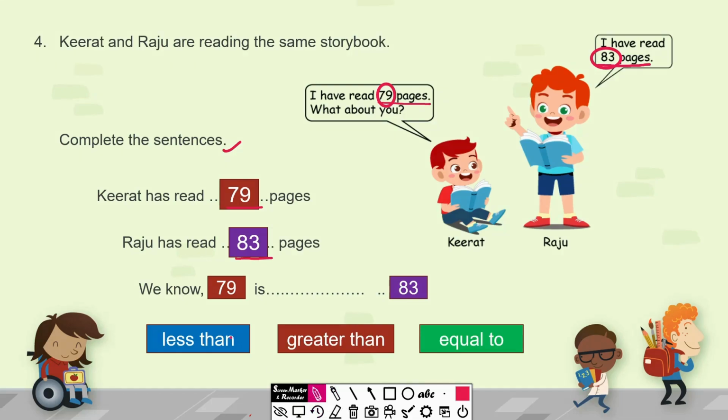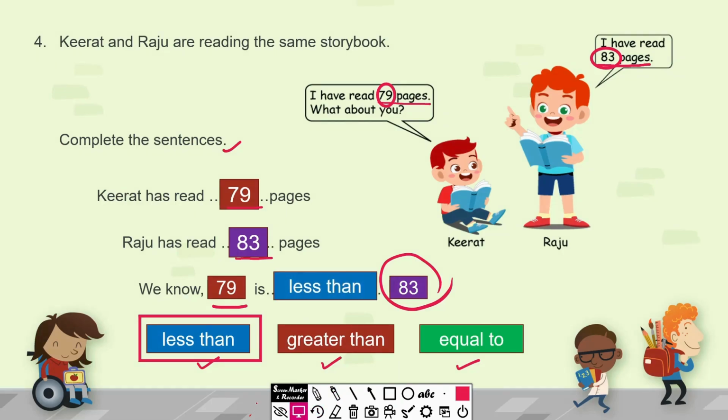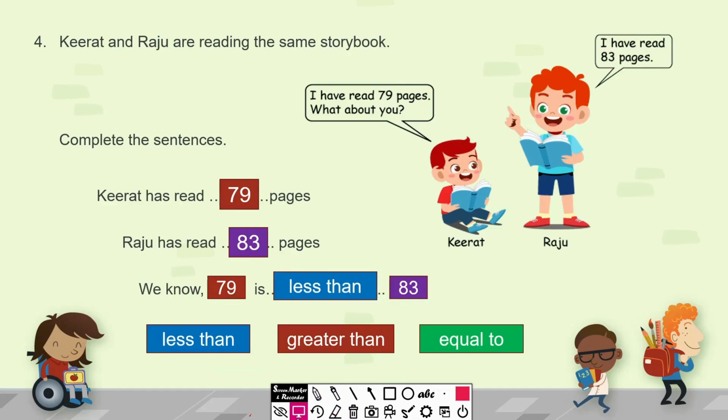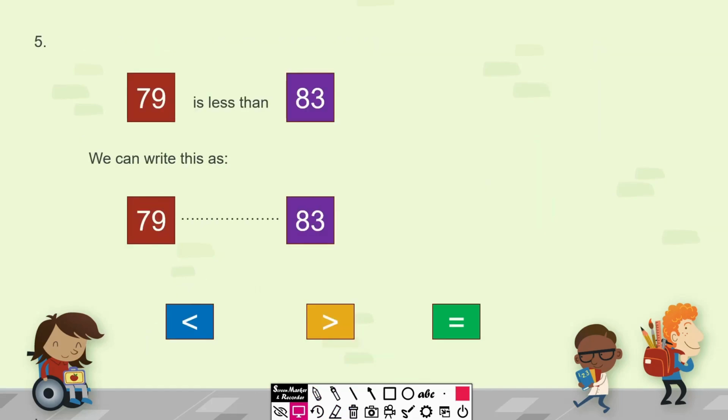And we know 79 is less than or greater than or equal to 83? Tell me. 79 is less than 83. Very good. Correct. This is the correct answer. Very nice. 79 is less than 83, right?